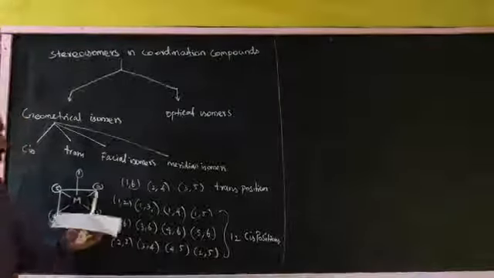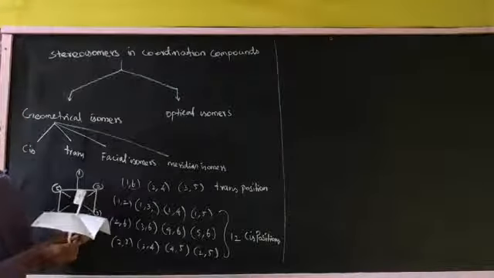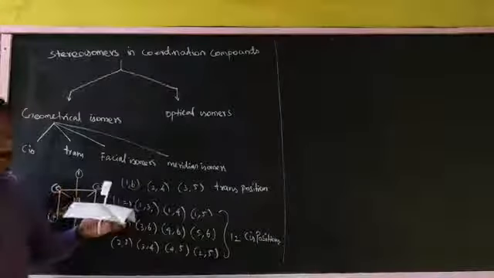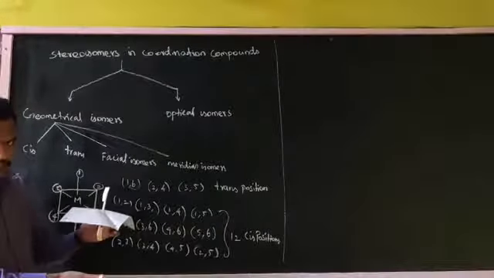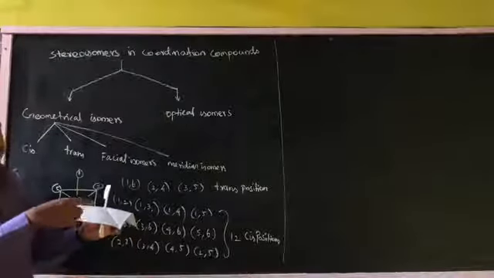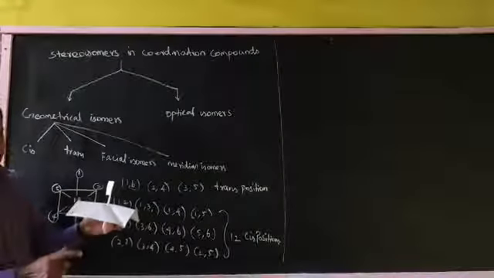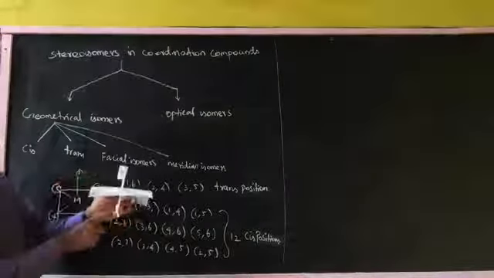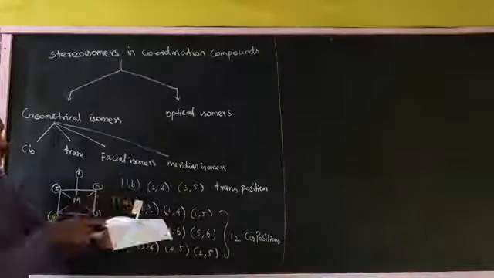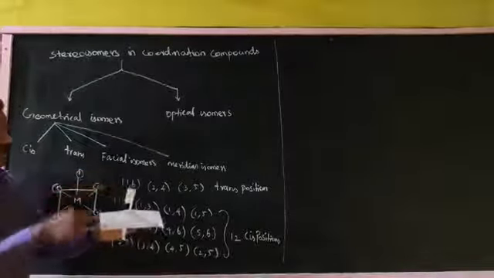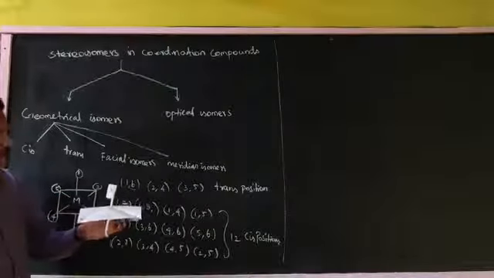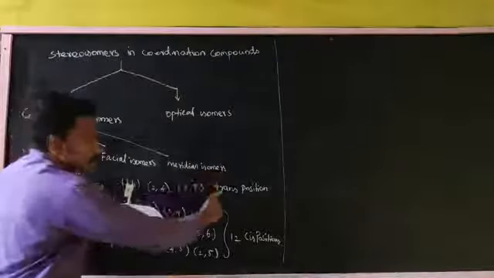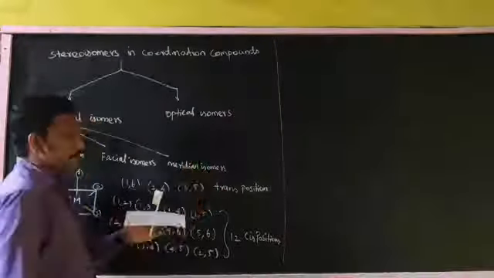I repeat again. In the octahedral complex, first we have to find the opposite positions alone. Opposite positions are trans positions. 1, 6 is opposite. 2, 4 is opposite. Then 3, 5 is opposite. So 3 positions are opposite positions, where the ligands are present in the opposite positions, so trans position.